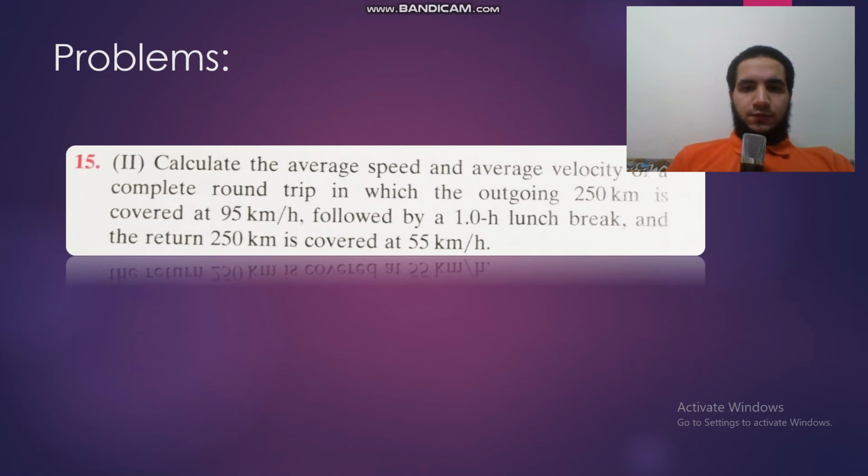So here we have an object moving in a round trip, and a round trip means that it is a circle.